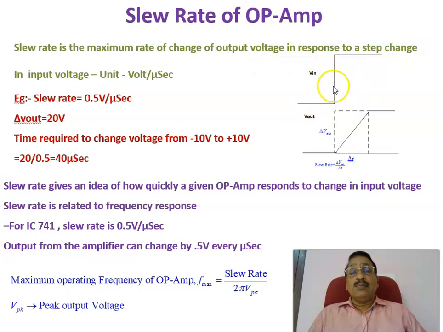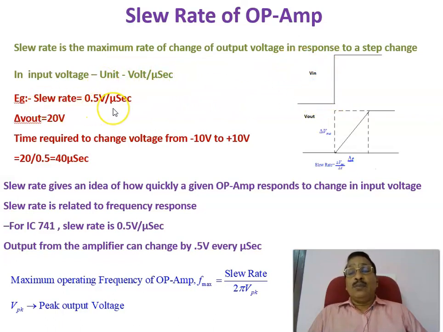When you give a step change at the input, the output changes, and it takes a certain time to reach the final output. The maximum rate of change of output voltage in response to a step change in input voltage is what we call the slew rate, and its unit is volts per microsecond.